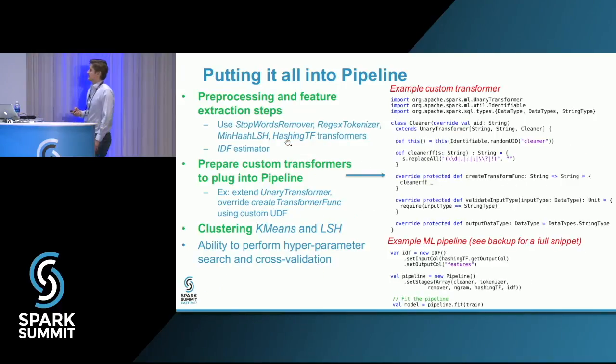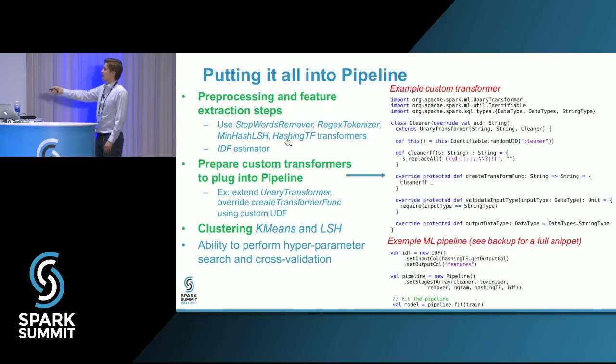So here is an example. Basically, for our analysis, we reuse a lot of the transformers and estimators from SparkML, which do standard NLP transformations like regex tokenizer, stop word remover, and n-gram extractor. But in addition, we also add our own. It is actually quite easy to add your own transformers.